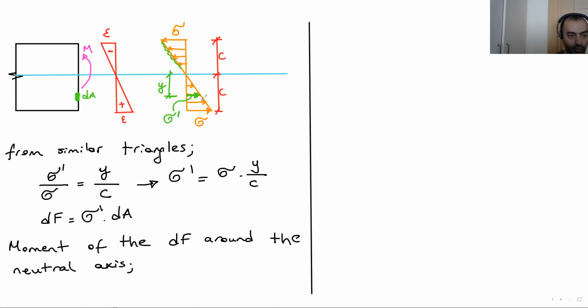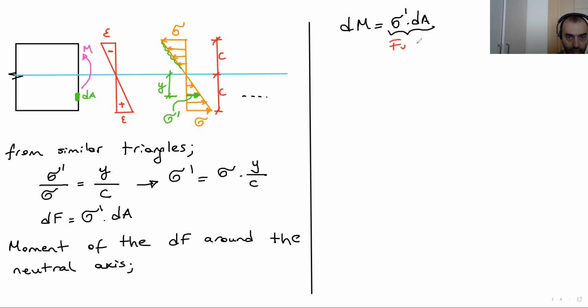Okay, we know the force at this level. So if we write the moment, what we are going to have is dM equals sigma prime times dA, right?